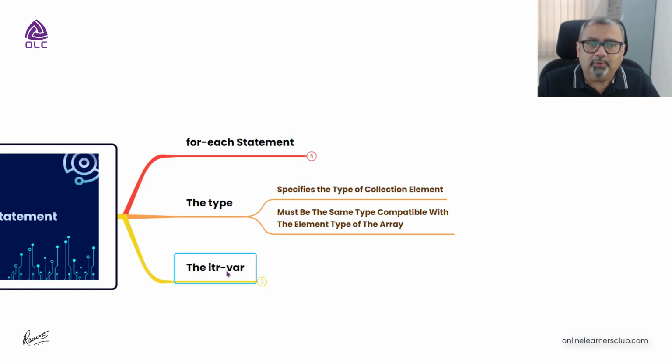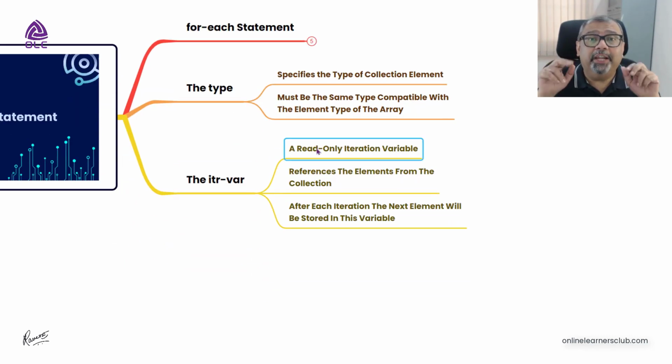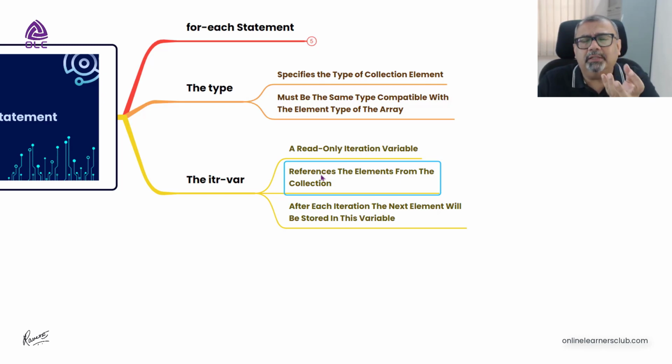Then you have to define the iteration variable, which will be a read-only iteration variable, which means you will not be able to modify it as part of this for each loop. In a normal for loop, you also have the option to modify the elements of the array. Here you will not be allowed. It also references the elements from the collection, so you don't have to write that additional logic.